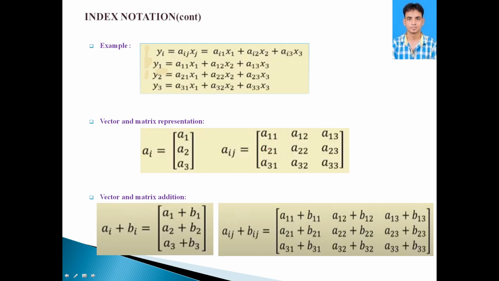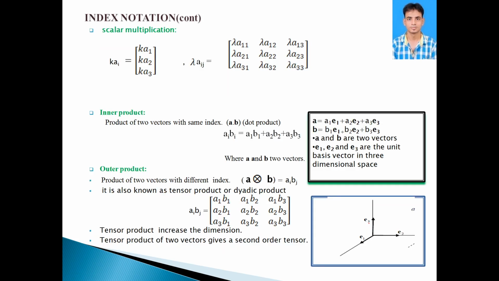Aij is one matrix and bij is another matrix, and if you add them, it is component-wise addition, a11 plus b11, a12 plus b12, like this. So we'll continue with the index notation.